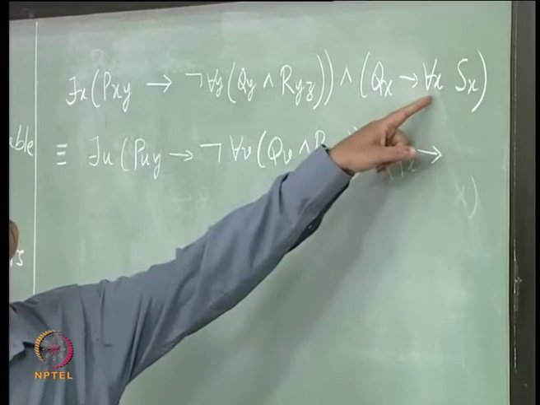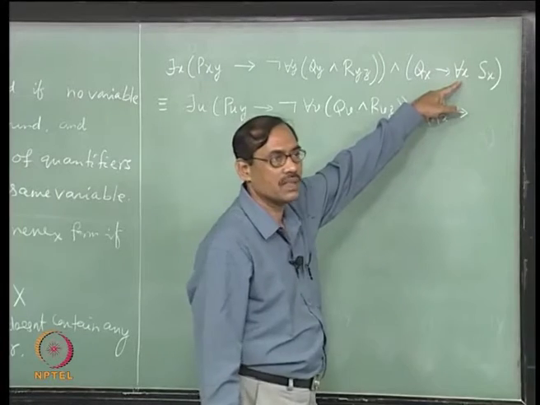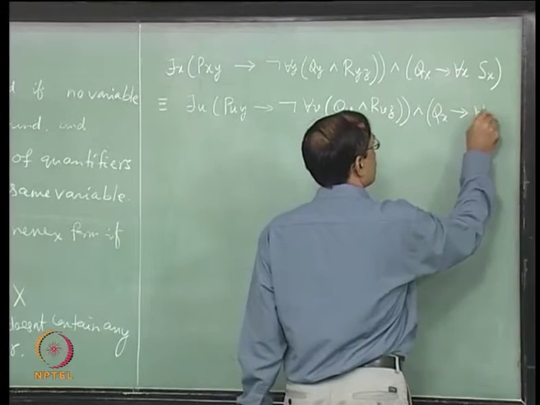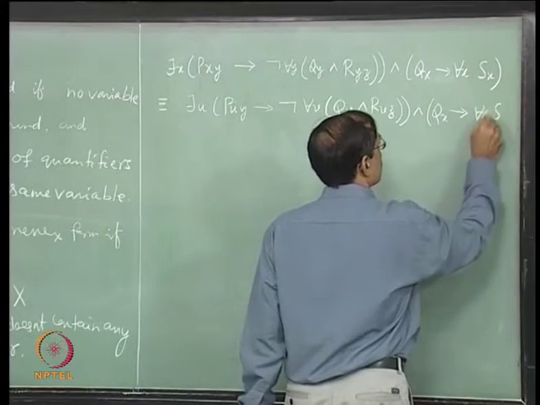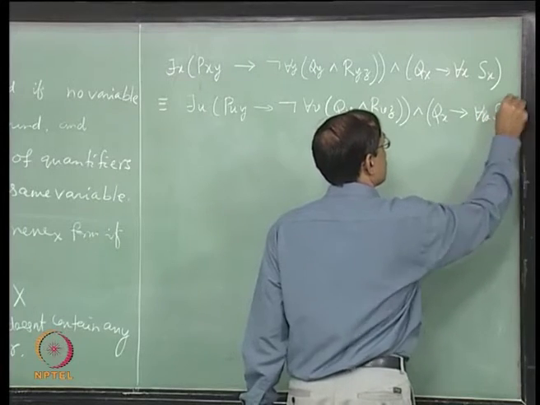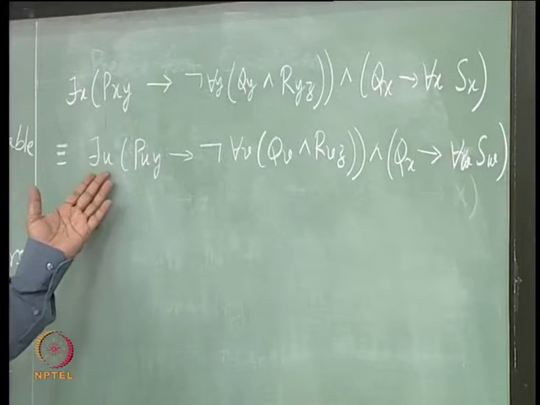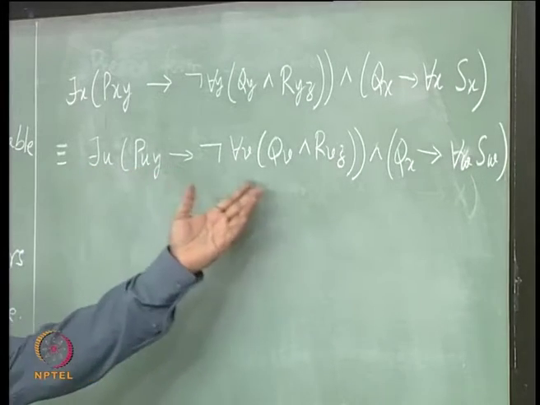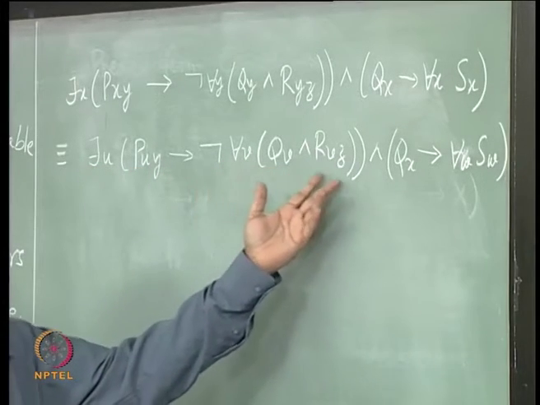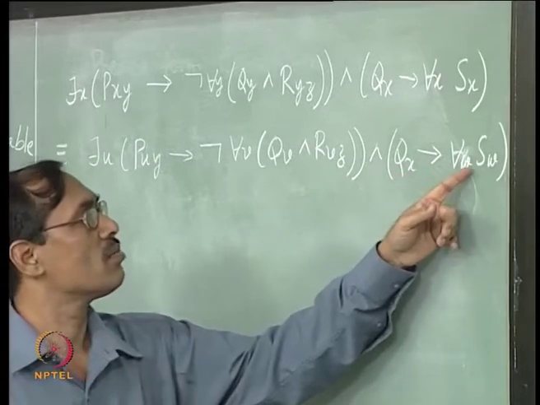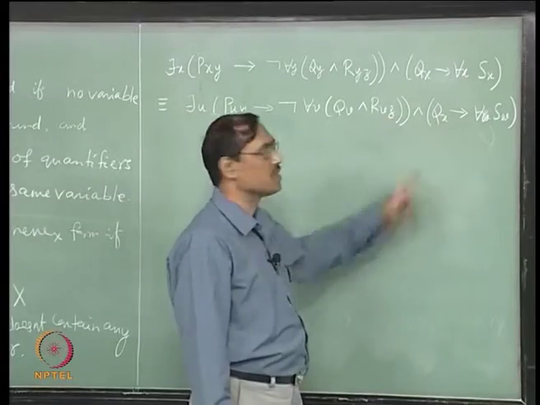Then this bound occurrence will be renamed differently. So, let us write for each w S w. Now, is it rectified? Yes. u is only bound, v is only bound, and then w is only bound, z is free, x is free.